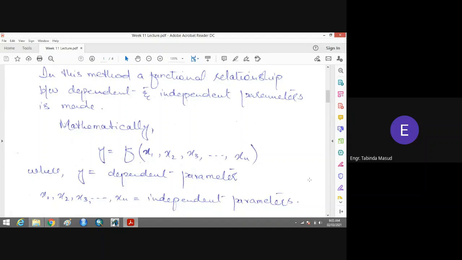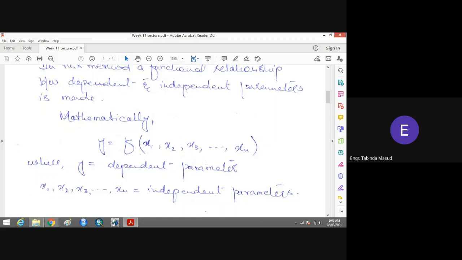In our problem statement, the dependent parameter is the drag force, and we will think about which parameters the drag force depends upon. Those will be the independent parameters, and we will develop a relationship between them like this: y is a function of x1, x2, x3 and so on up to xn, where y is the dependent parameter and all these x's are the independent parameters.